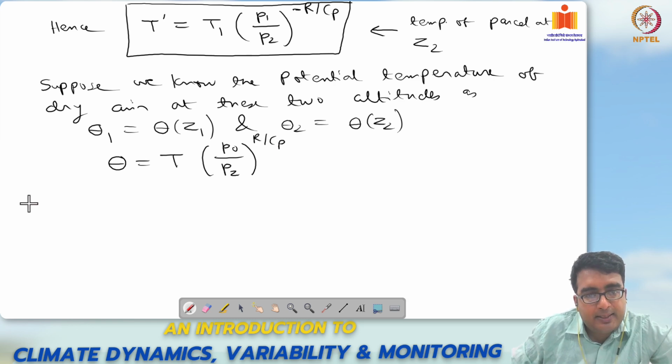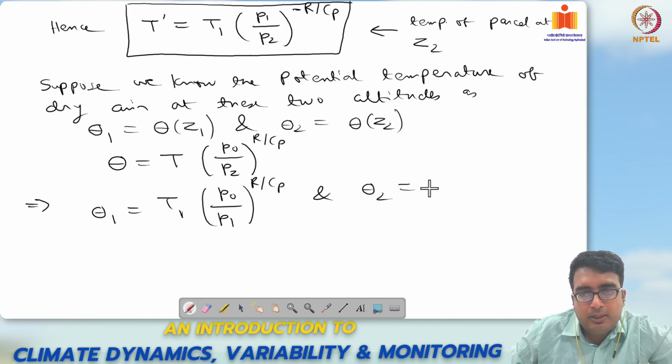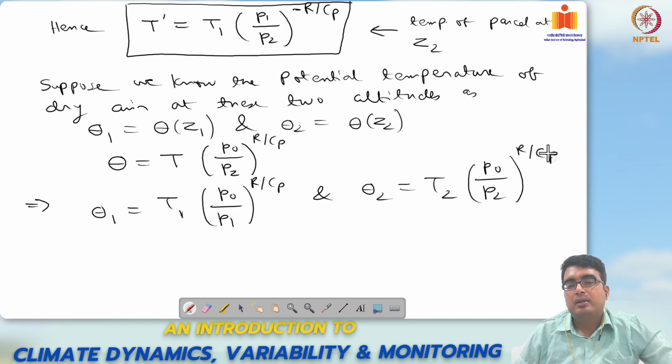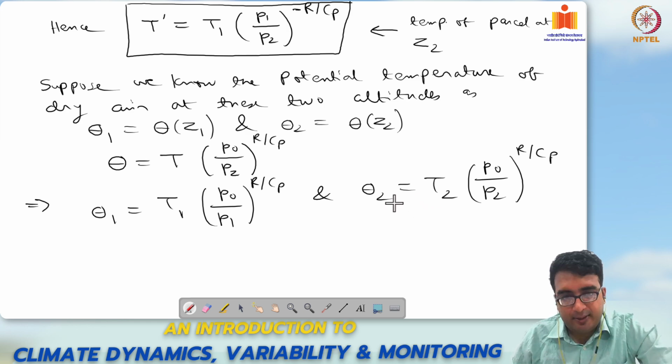So, this implies theta 1 is T1 times P0 by P1 to the power R by Cp, and theta 2 is T2 times P0 by P2 to the power R by Cp, where T1 and T2 are the temperatures at these two stations of the surrounding air. Okay.